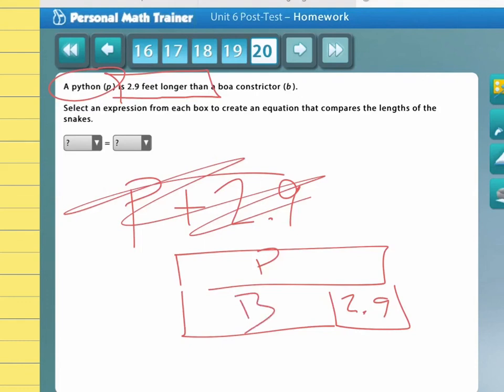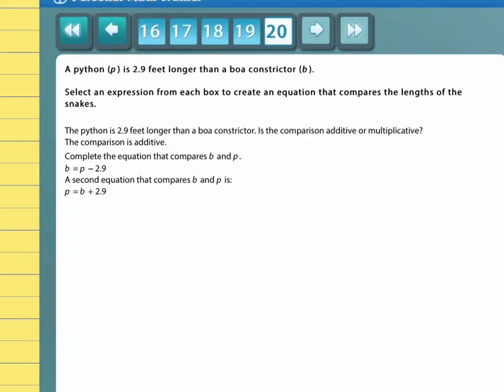So we could say boa plus 2.9 equals P, or P minus 2.9 equals B. Select an expression from each box to create an equation, the length of the snake. So you see that B is equal to python minus 2.9, or python is equal to B plus 2.9. Either one of those works to solve the problem.